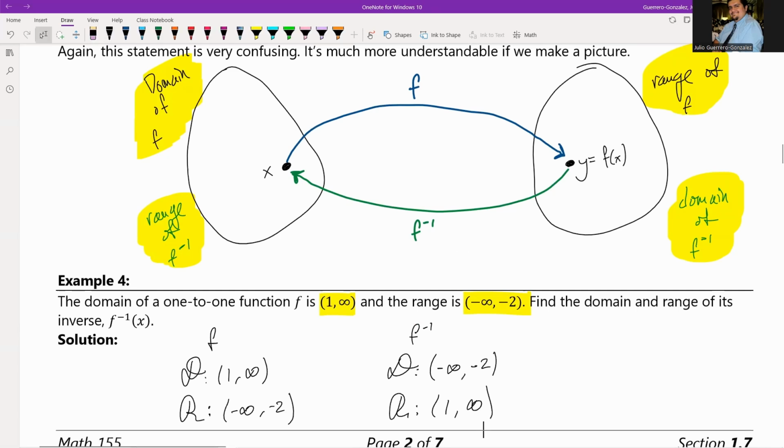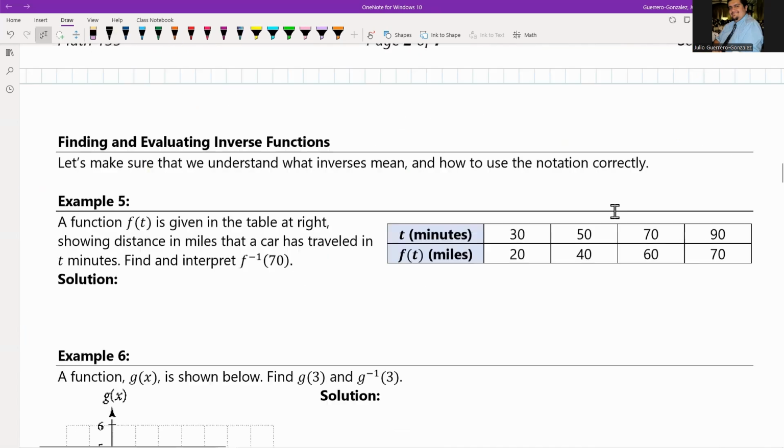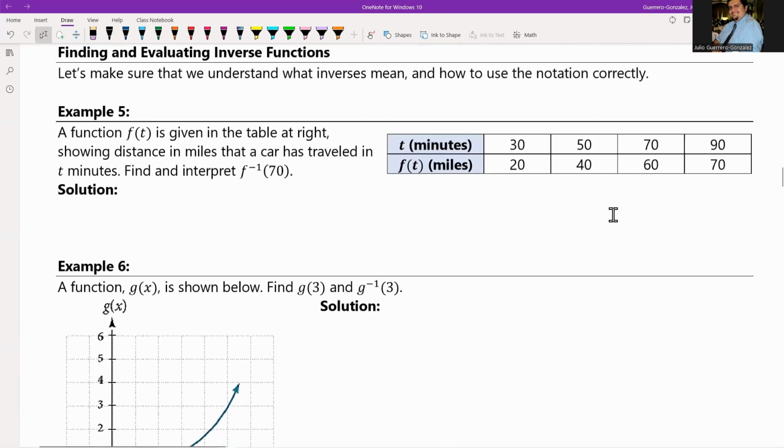Okay. Moving on. This section is more about how to deal with and interpret f inverse. For example, let's say we have a function f of t that shows us our distance in miles in a car that's traveled t minutes.